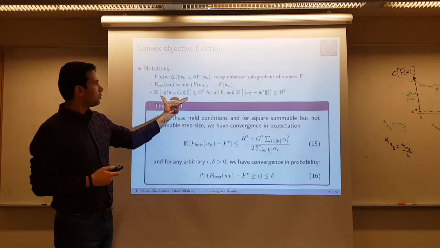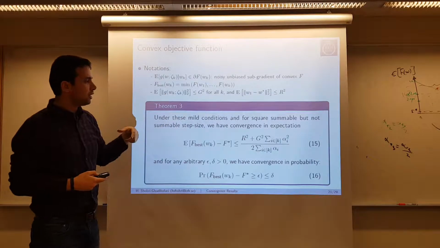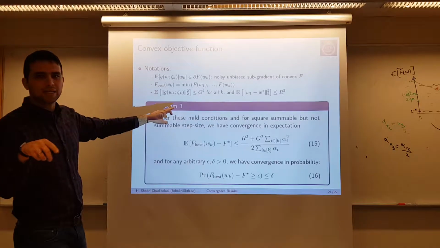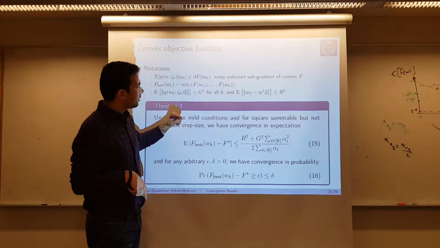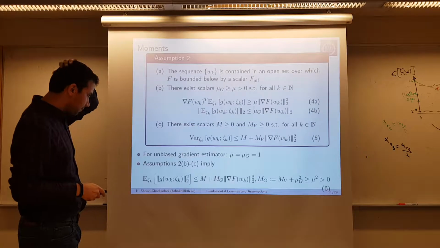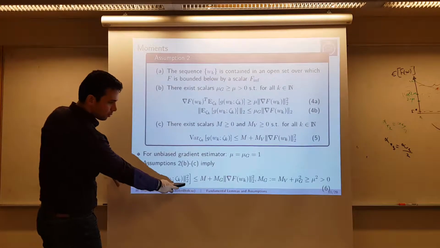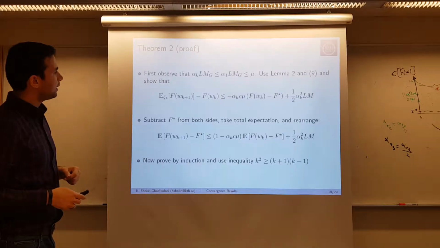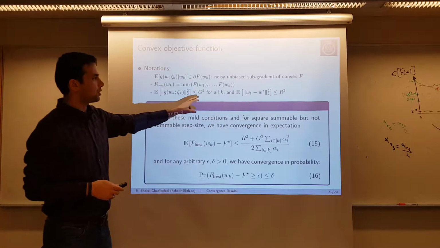And some more assumptions. Bounded norm 2 of this g function, which we had previously. What was that? Previously it was m plus mg, something like that. It's just to recall here. Now assume that the whole thing is bounded by g squared.